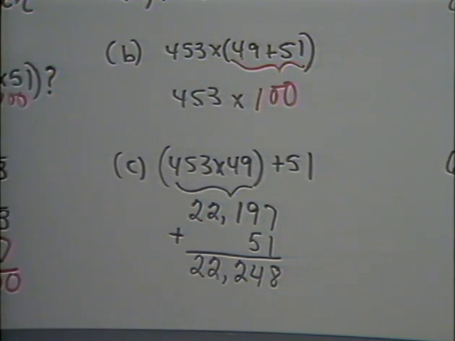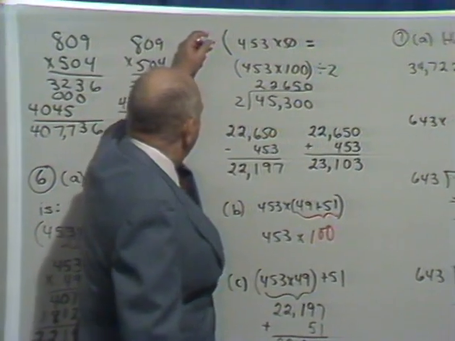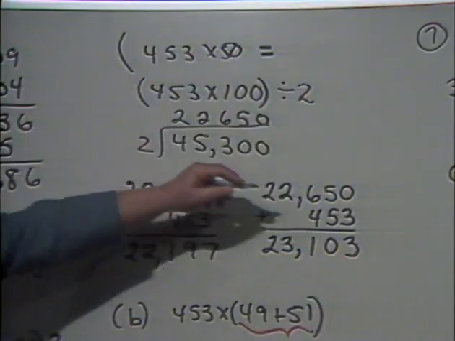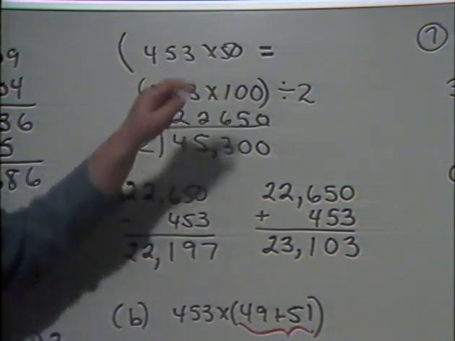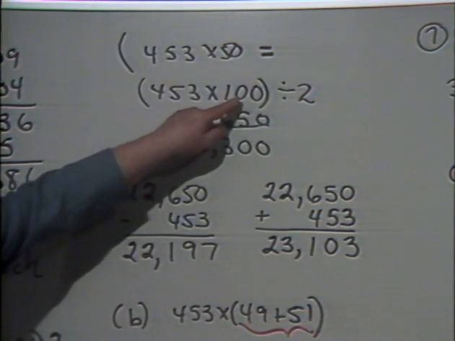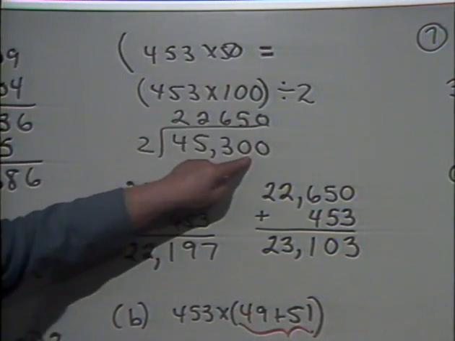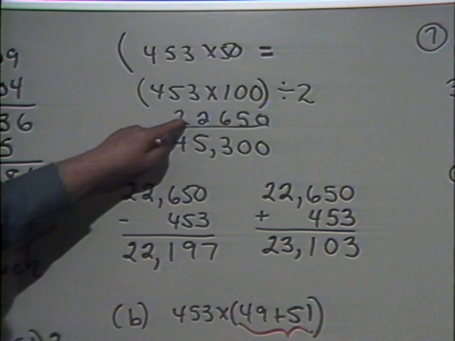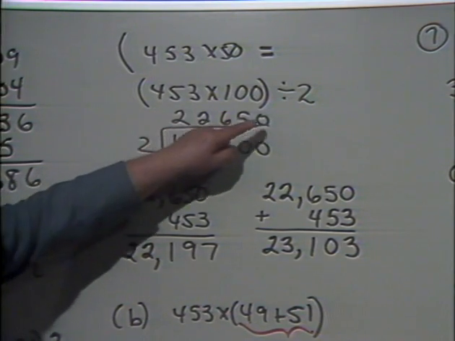And the only other thing I wanted to show you, I'm going to go to the top of this board now. I should have really put this in as a digression. In fact, I guess I started to do it this way and didn't finish the parentheses. You see, a quick way to multiply by 50. Since 50 is 100 divided by 2, I want to show you a number sense again. What I could have done to multiply by 50 is tack on two zeros. You see that multiplies by 100. Then divide by 2, and that would give me 22,650.